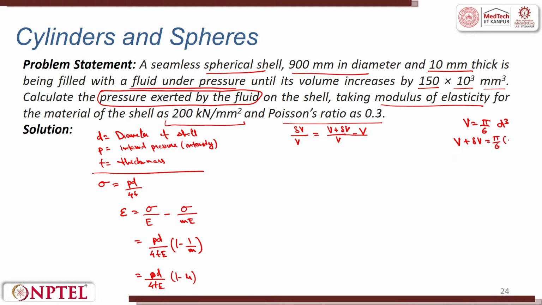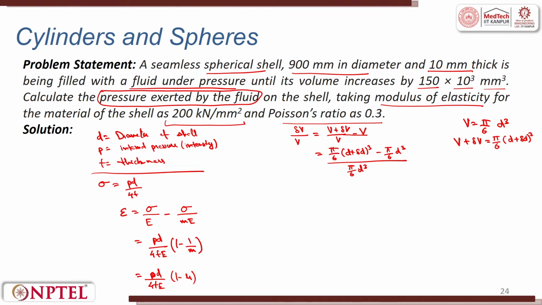Because diameter is only changed, I will put it as d plus delta d cube. So let me put these values here. This becomes pi by 6 into d plus delta d whole cube minus pi by 6 d cube by pi by 6 d cube.